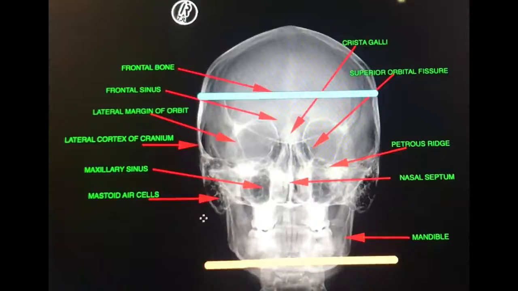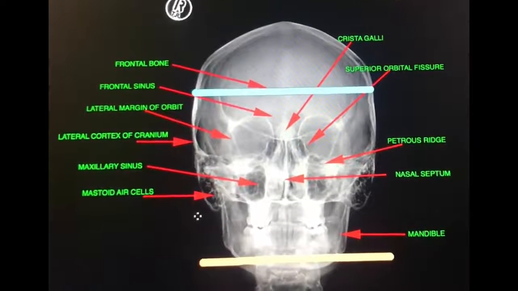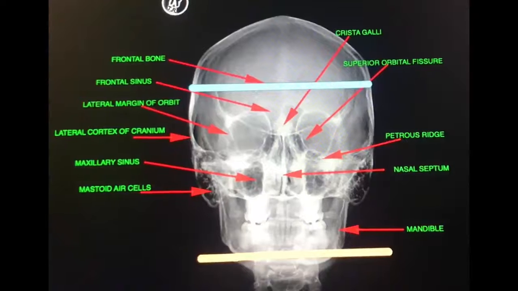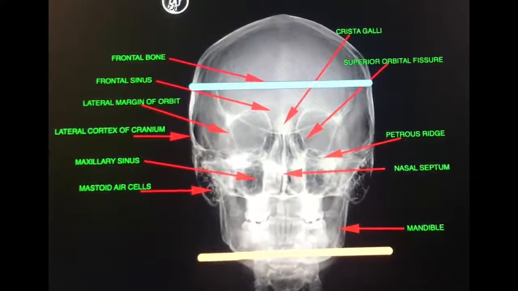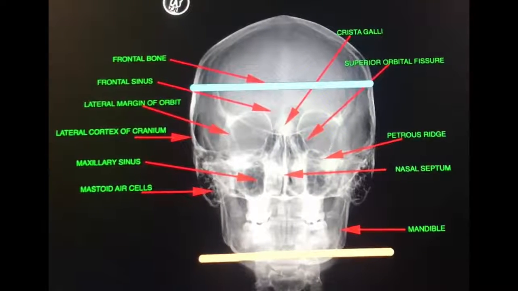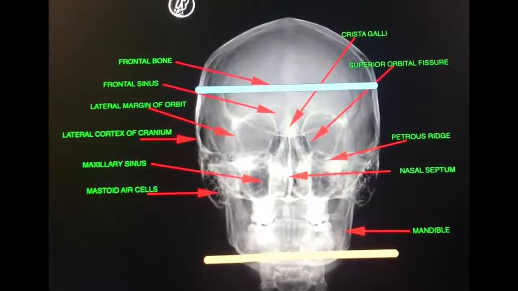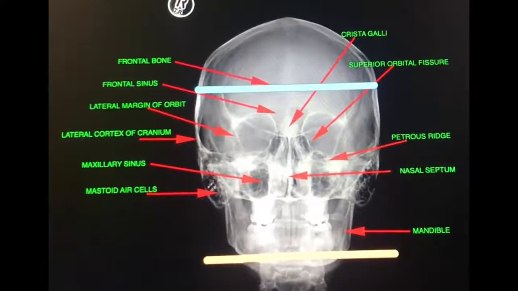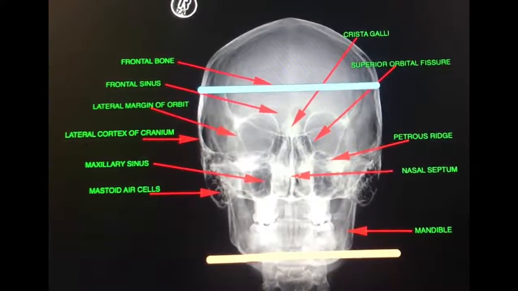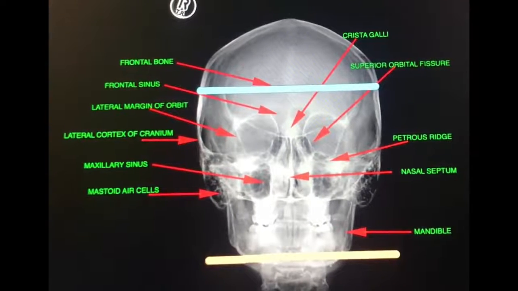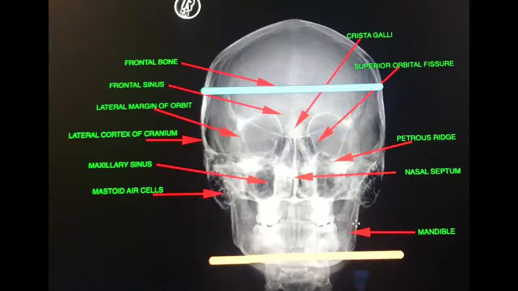Your area of interest, you should be able to see your facial bones, which is, you look at your frontal bone. You should be able to see your orbital rims, so that's your superior, your inferior, your medial, your lateral margins, your lateral cortex of the cranium, your maxillary sinus, your mastoid air cells, your nasal septum, your petrous ridges, and here you have part of your mandible.